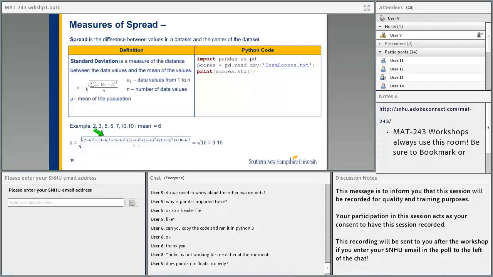So you go on doing this for all the numbers, then add all of them and divide by n minus 1. This n is the sample size, which was 7, so 7 minus 1. So my value is square root of 10, which is 3.16.